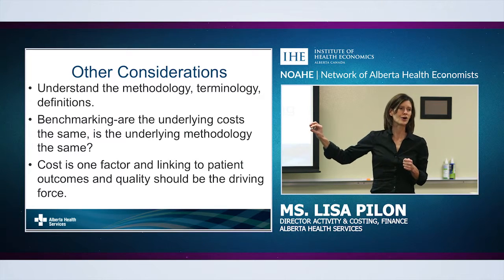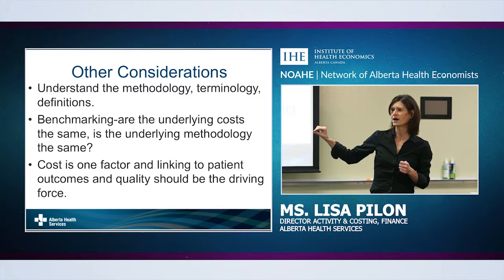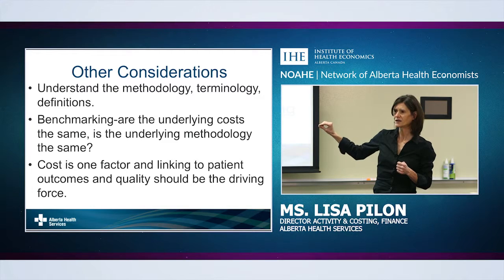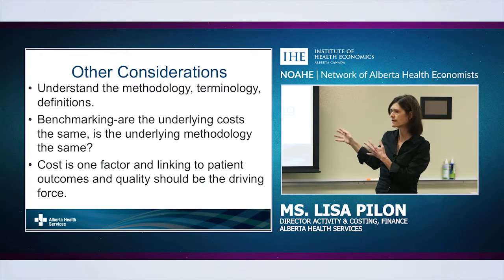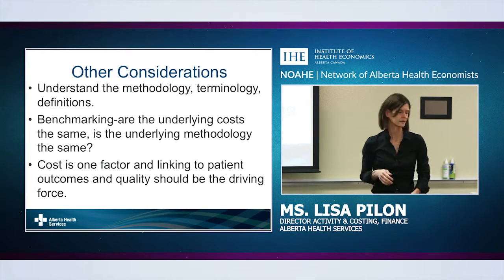So again, cost is not the driver of what should be happening here. This is about patient quality and patient outcomes, but understanding your underlying cost structures can go significantly to improving cost structure, understanding, doing your evaluations, but balancing that with outcomes and quality, of course.